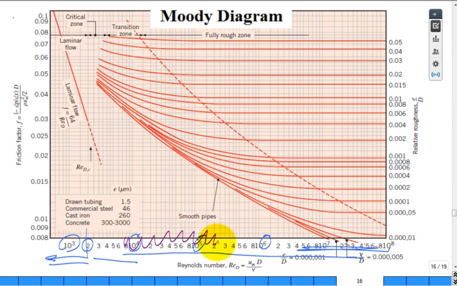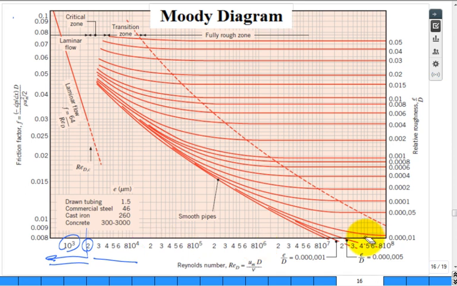Now, what's on the y-axis? Our friction factor. Ooh, this one's a harder one. Is that a log scale or a linear scale on the y-axis? It'd be a lot easier if there were a bunch of like 10 to the 4, 10 to the 5, 10 to the 6. But there isn't, is there? So, like this is called 1 order of magnitude, 1 order of magnitude, 1 order of magnitude.